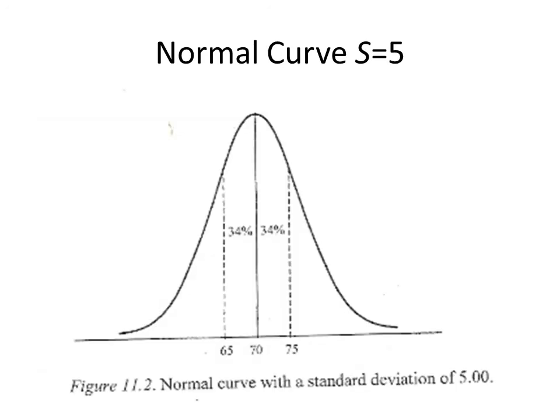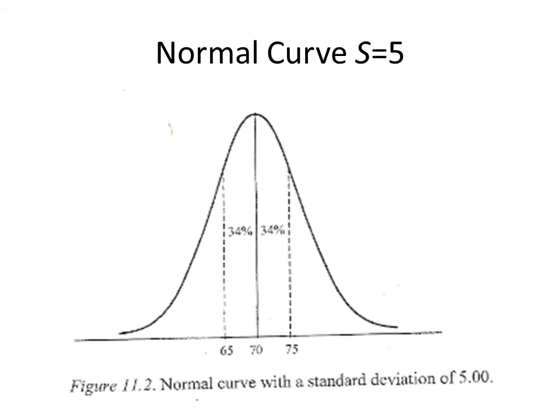Now consider a curve with a standard deviation of 5. The 68% rule applies to all normal curves. It is a property of the normal curve that 68% of the cases lie in the middle area, bounded by one standard deviation on each side. Here the mean is 70, but the standard deviation is only 5, as illustrated in figure 11.2.